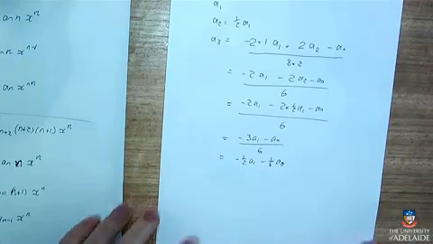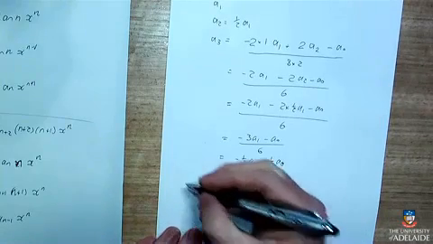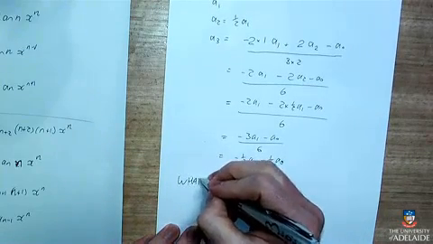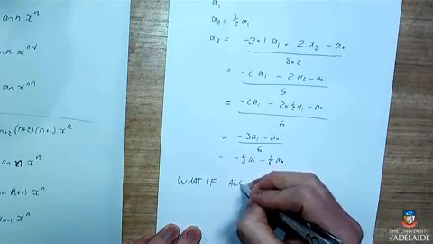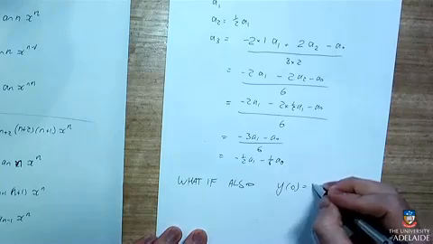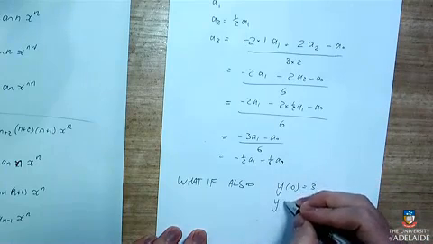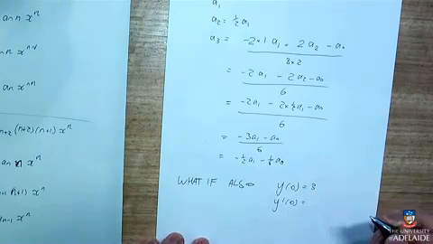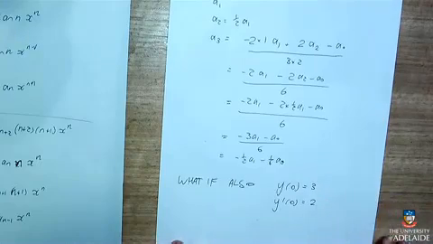So now let's do a what if. What if also I had y of 0 was 3 and y dashed of 0 was, I don't know, 2.